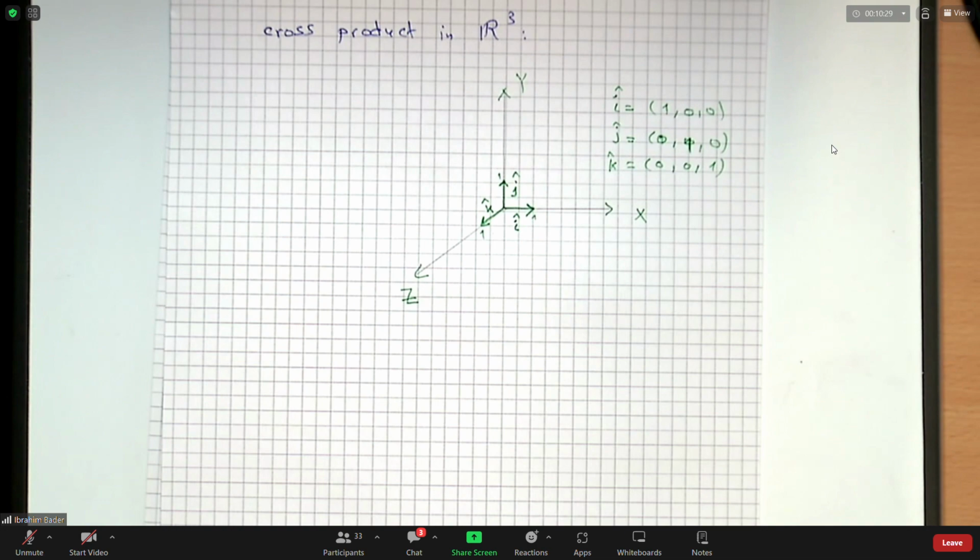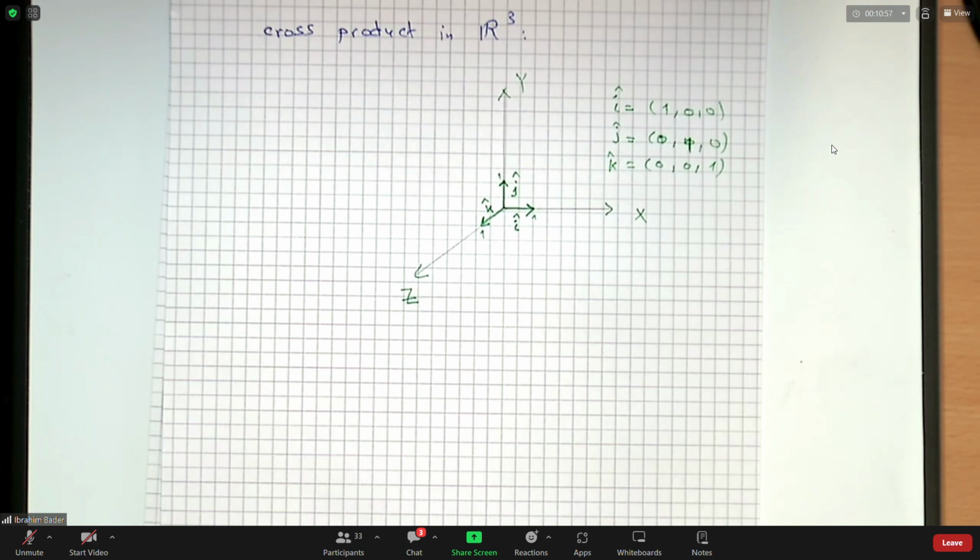We saw that these three vectors are used very often in literature as E sub x, E sub y, E sub z, or differently. Let's agree that I is the unit vector in the x direction, J is the unit vector in the y direction, and K is the unit vector in the z direction.